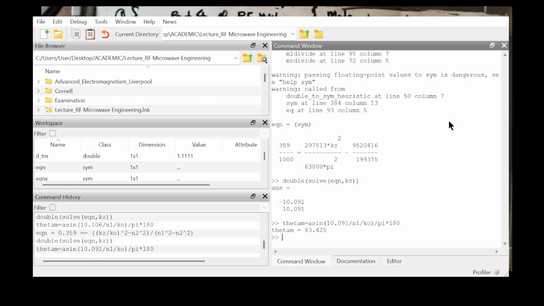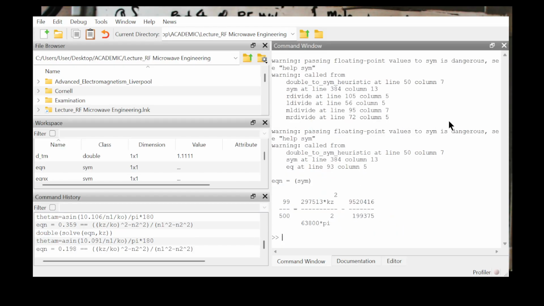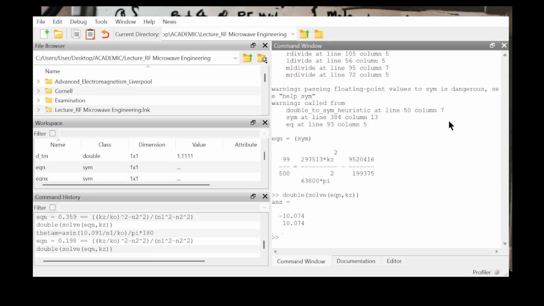And for mode number 8, the value of B is 0.198. So I need to change this, 198. And from here, I can get the value of KZ, 10.07.